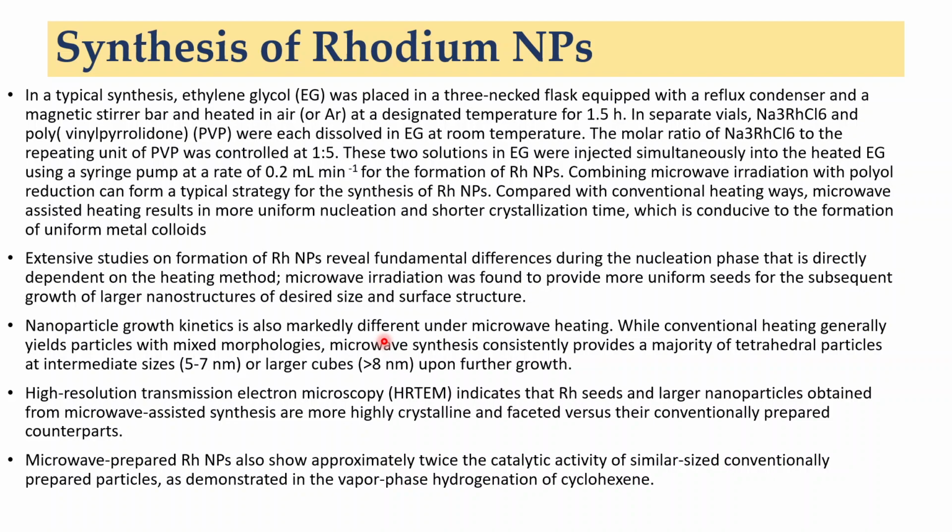And these are the synthetic advantages the microwave irradiation assisted method has. They are more crystalline, more homogeneous, that is the uniformity is there, and the catalytic activity is also doubled for the microwave assisted method than the conventional method, as demonstrated using the vapor phase hydrogenation of cyclohexane.